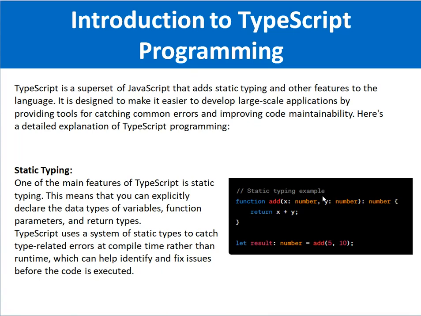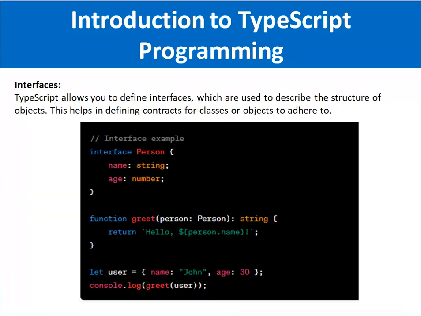Here you will notice that the types are explicitly defined: I have defined explicitly that this is number, this is number. If I provide, for example, a and b, this function will not run and it will give you an error. This is the concept of static typing.